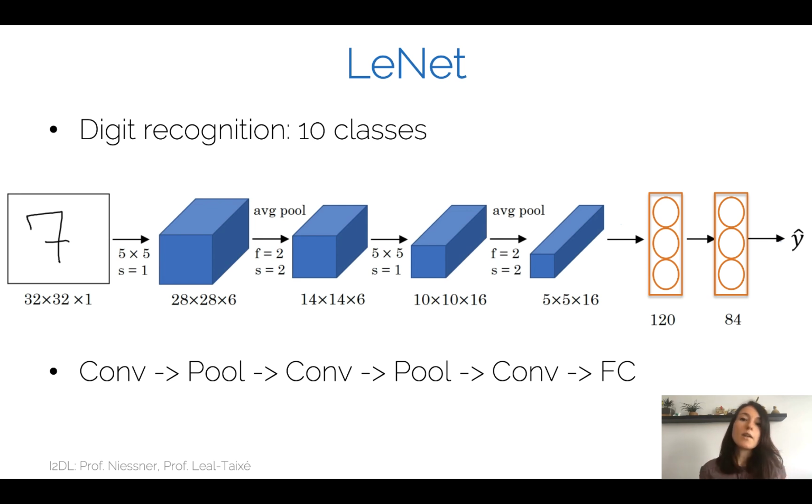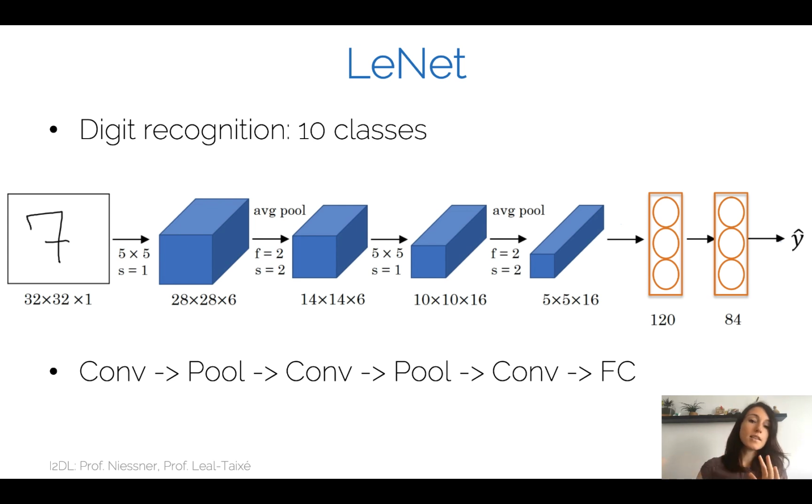This type of architecture is still very much used nowadays. Again, this is the concept of doing a convolution, therefore computing a set of features, then pooling, that is performing feature selection, computing features, feature selection. So there's this iterative process.